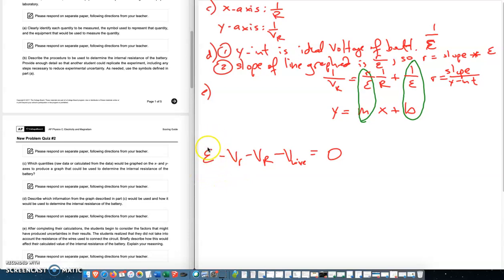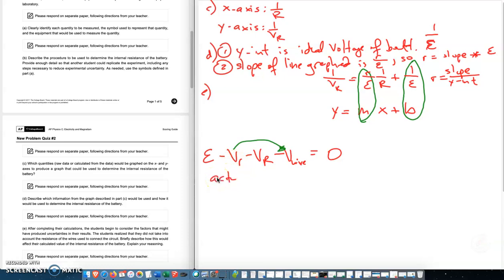So we measured this guy, we knew that guy, we didn't account for this. So what this guy is going to do is take away from the internal resistance. It's going to say the internal resistance is actually smaller than what we thought it was.